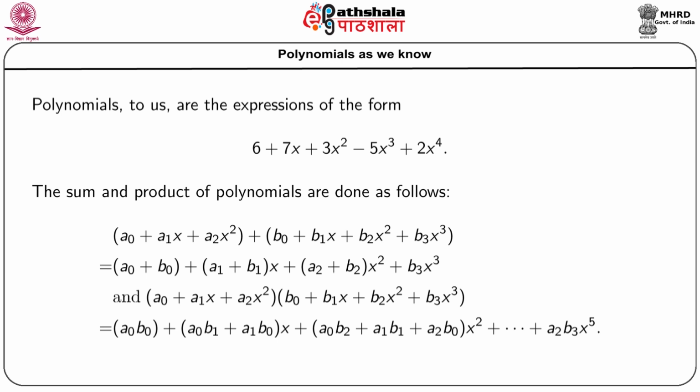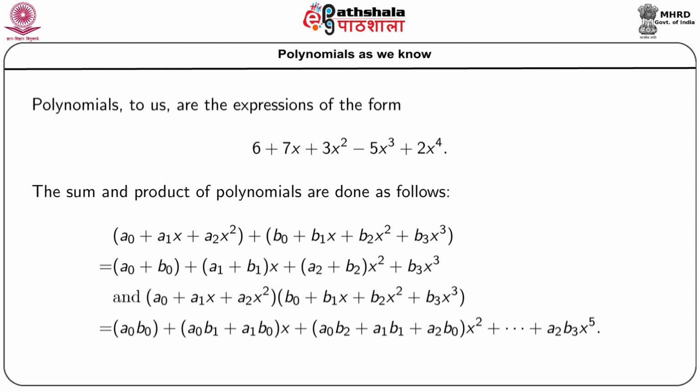Here the coefficients 6, 7, 3, minus 5, 2 are integers which can also be treated as real numbers, and the degree of this polynomial, we know, is 4. A polynomial may have any arbitrary degree.